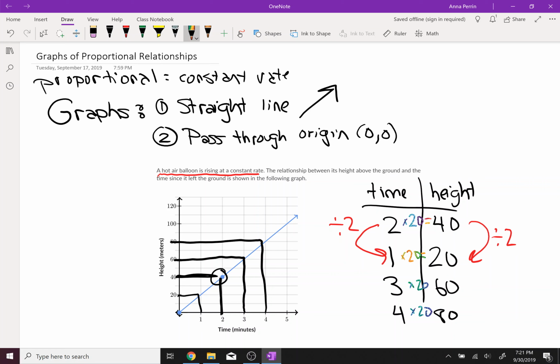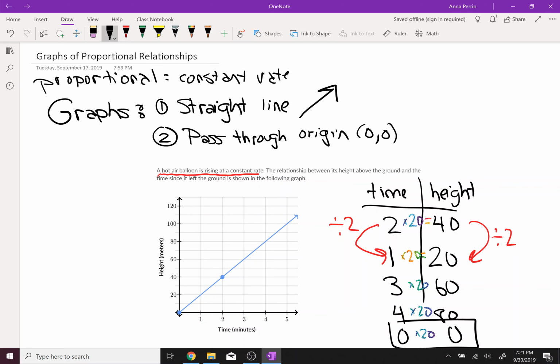Now, looking at that point (0, 0) that I said we would address. If we're looking at a proportional relationship, anything that we multiply by 0, regardless of whether it's 20 or some other number, is always going to give me 0. So that's part of why it makes sense that for any proportional relationship, (0, 0) is always going to be on the graph, because it is always going to follow our multiplication rule.